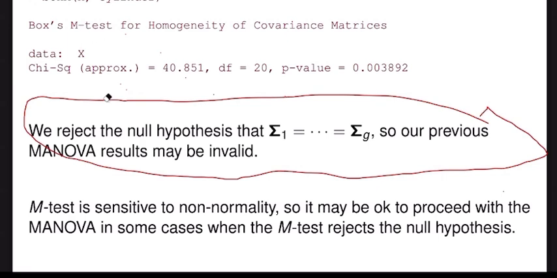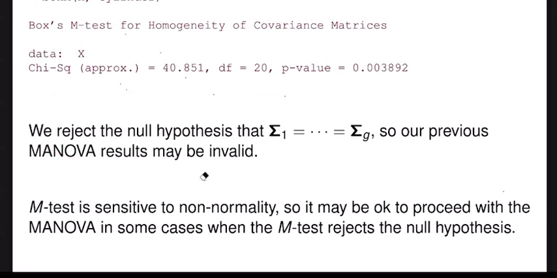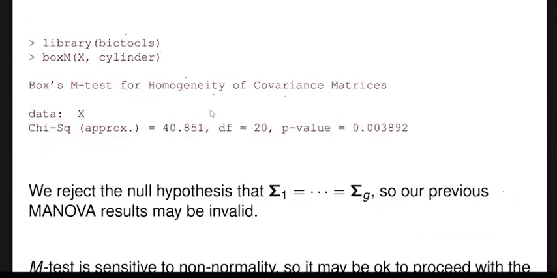Let me tell you this. Some of the tests may be sensitive to, like I also said here, Box's M test is sensitive to non-normality. So it may be okay to proceed with MANOVA in some cases when the M test rejects the null hypothesis. Okay? Because even the test that we are conducting, the Box's M test, is also sensitive to non-normality.